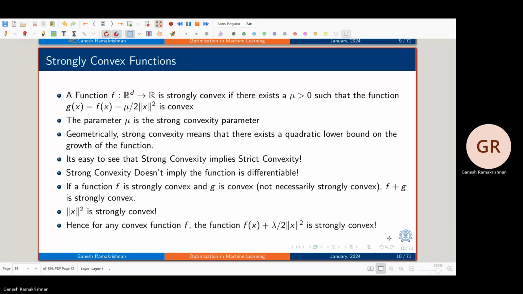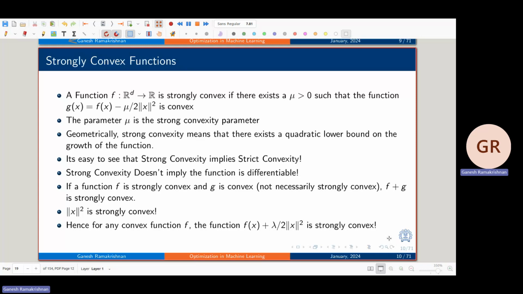On the slide, what is the notion of strong convexity? f(x) is strongly convex if g(x) = f(x) minus mu/2 norm squared is convex. This is strong convexity on the slide.